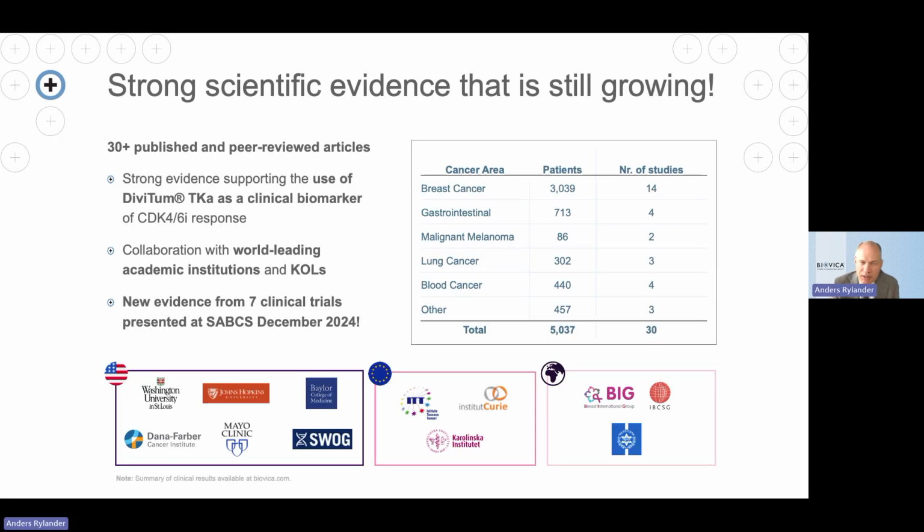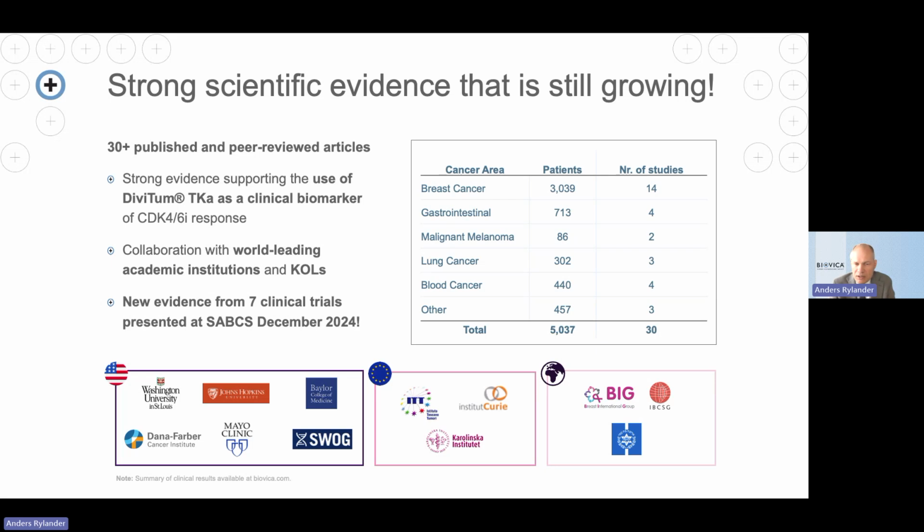This has been proven in many clinical trials. We have up until now 30 clinical trials that have been done in collaboration with some of the leading oncologists and institutions in the world, especially in the breast cancer field, where we have the majority of studies and patients, but we also have proof of concept outside of the breast cancer area.